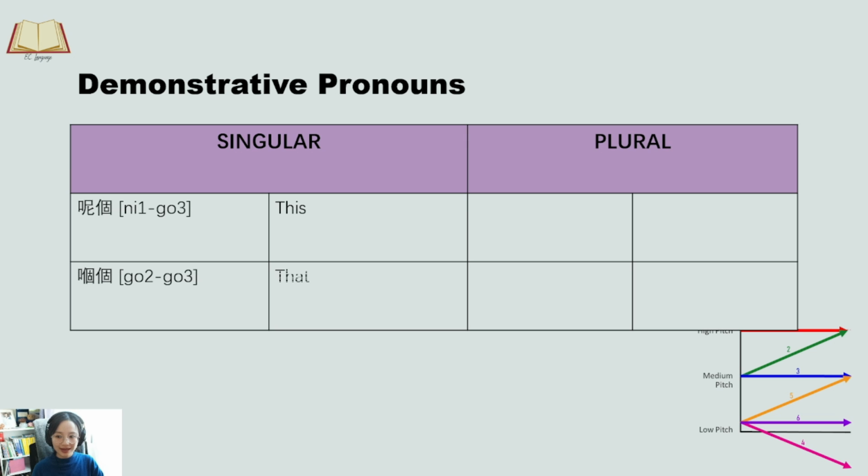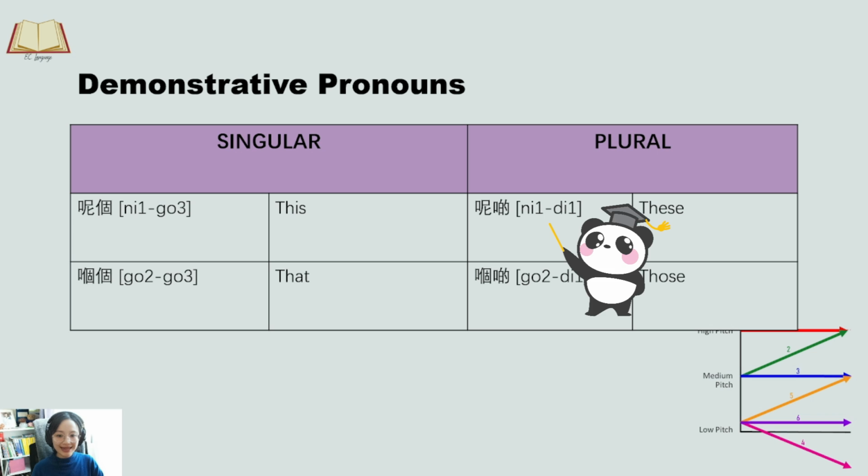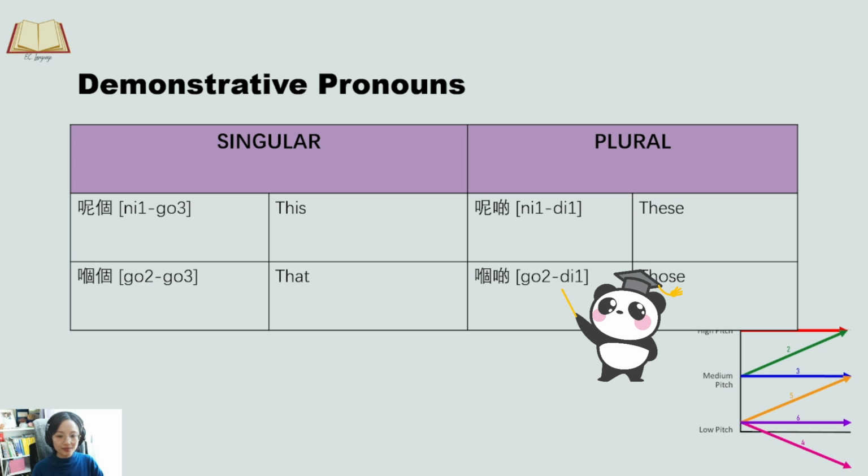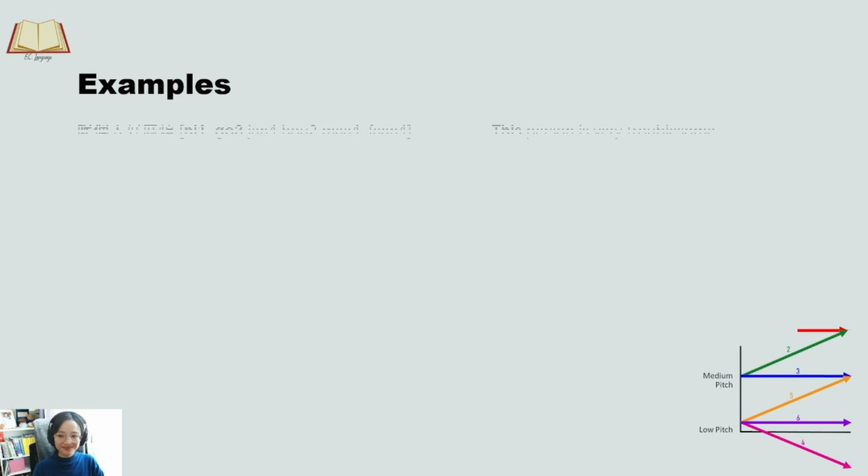So we've got 呢個 for this, 嗰個 for that, 呢啲 for these, 嗰啲 meaning those. Here are some examples.